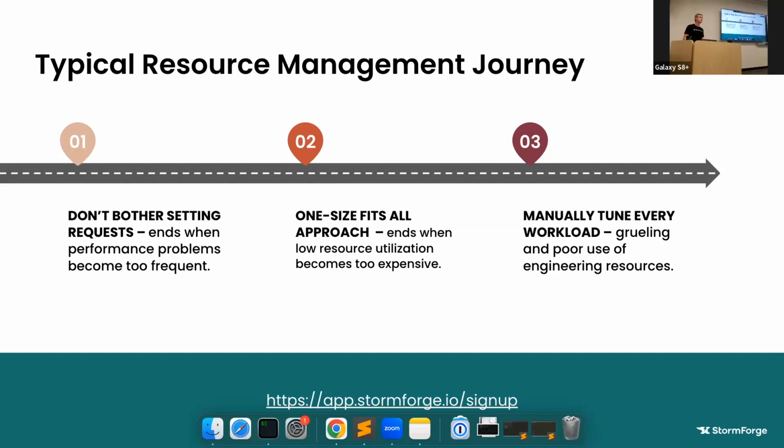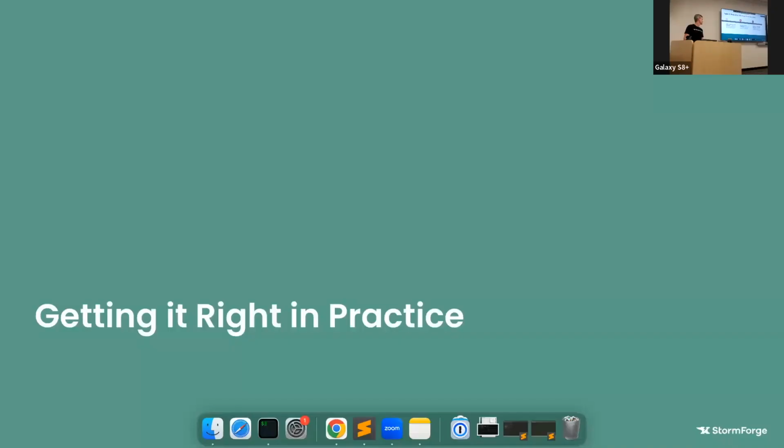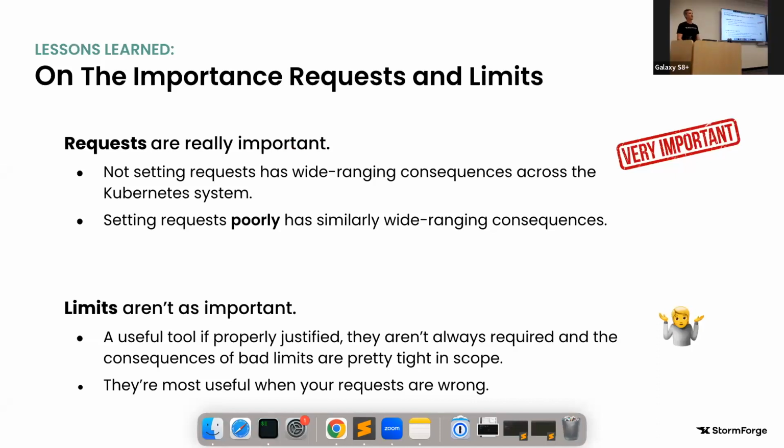Is there a best practice regarding requests and setting the limits for CPU and memory? I think maybe I went a little too fast. Always set requests. Always set requests for CPU and memory. Do not set CPU limits once you have your CPU requests set appropriately for the majority of the workloads in your cluster.